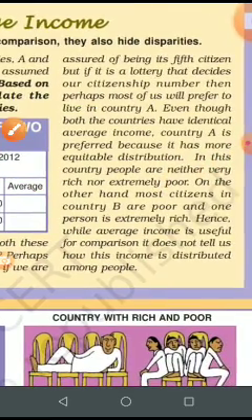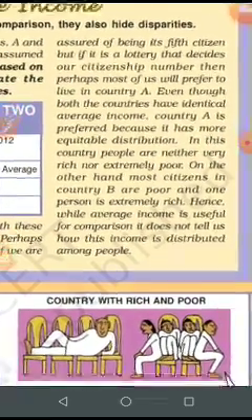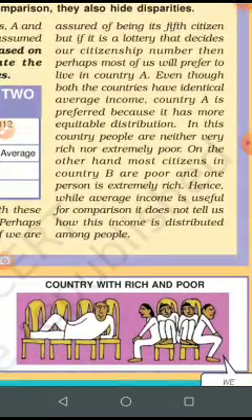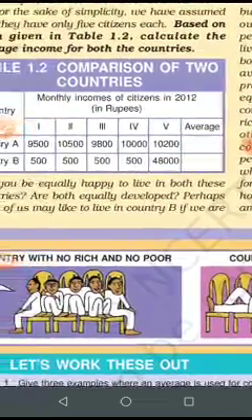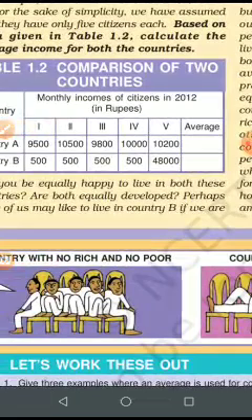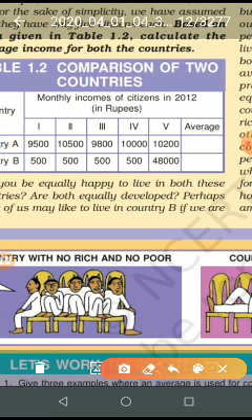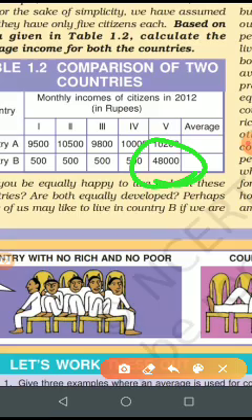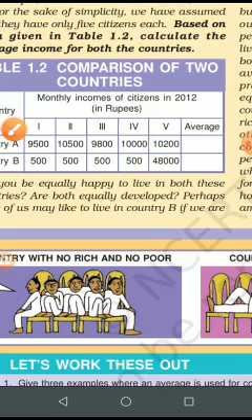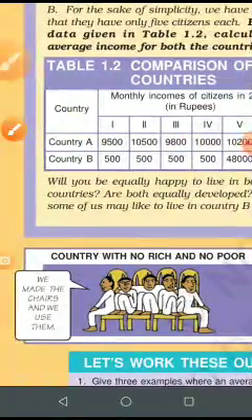Even though both the countries have identical average income, country A is preferred because it has more equitable distribution. You can see 500, 500, 500, and the fifth citizen is earning a good amount of money. In country A, everybody is having a good income.